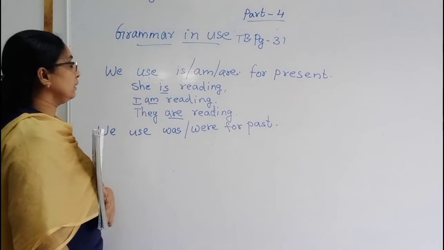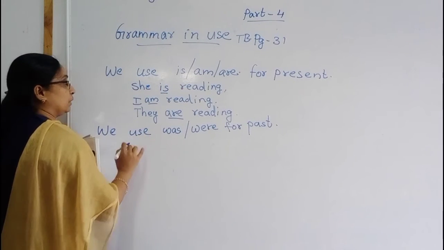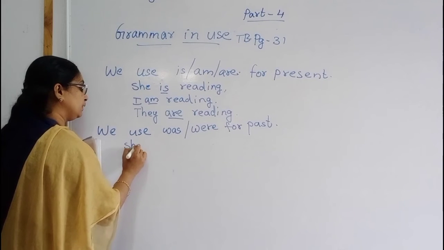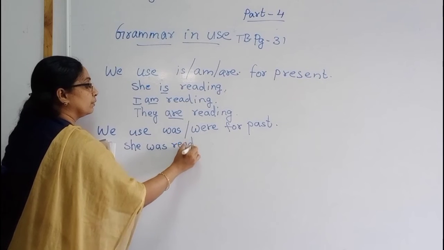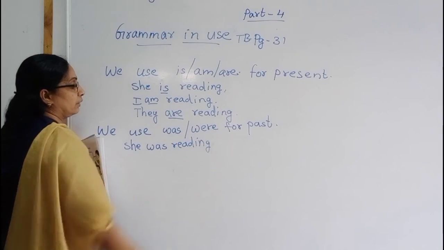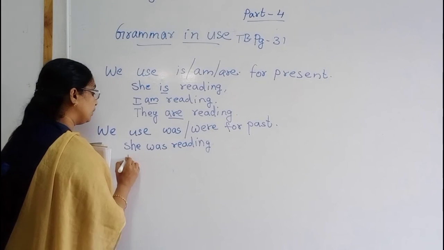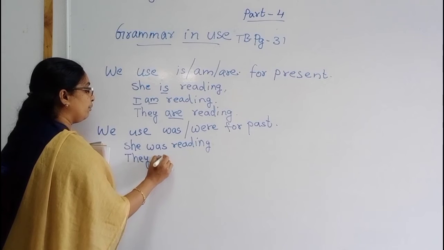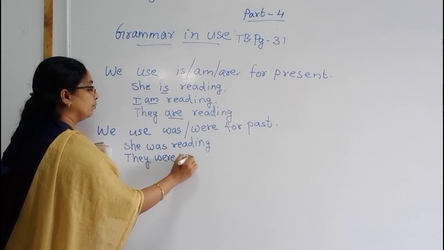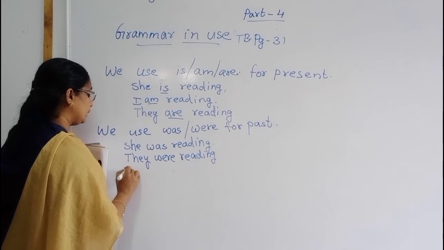In the present we use is, am, are. But in the past, for example, same sentence, she was reading. She was reading yesterday. That is already past, already completed. They were reading.